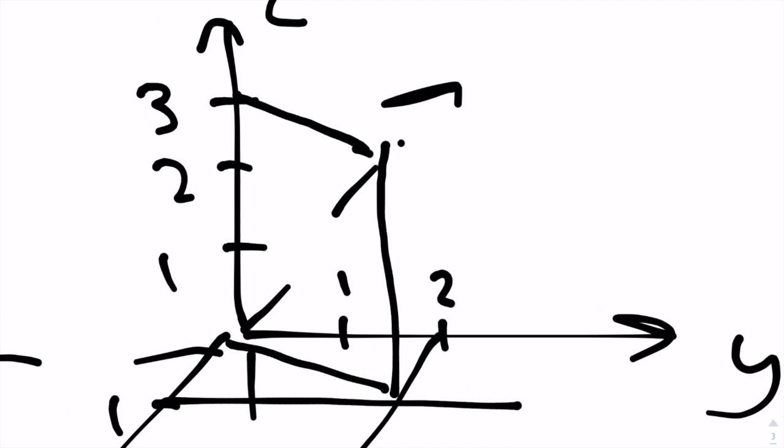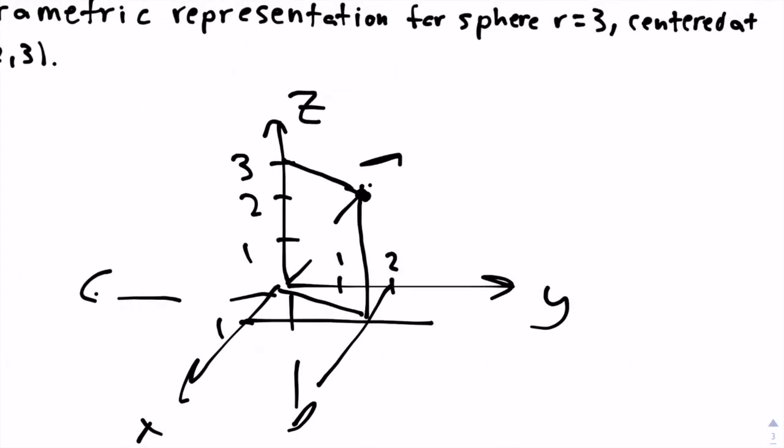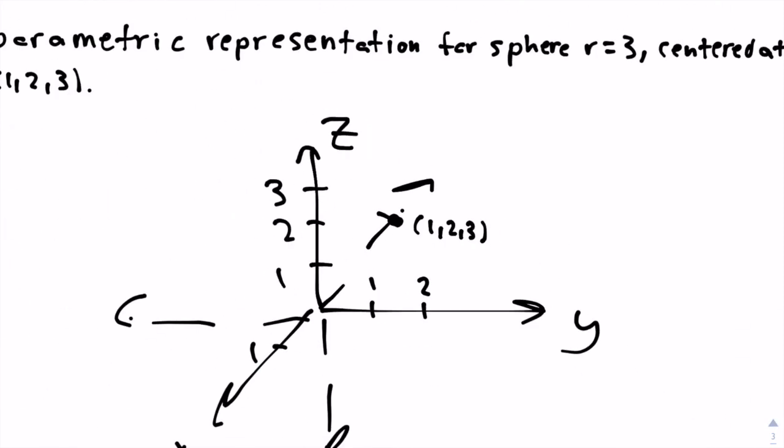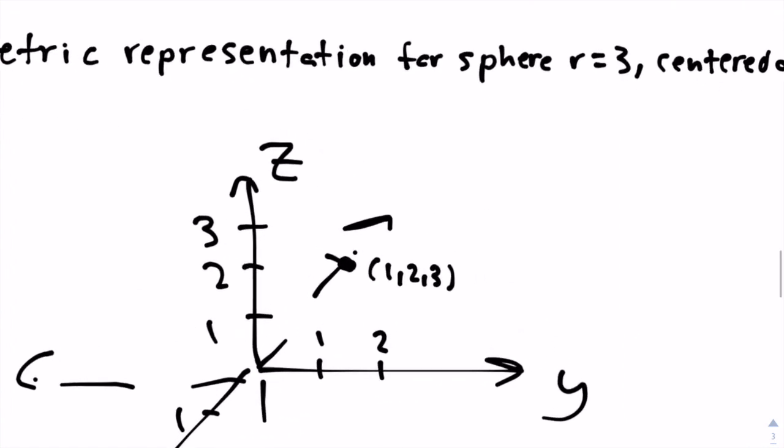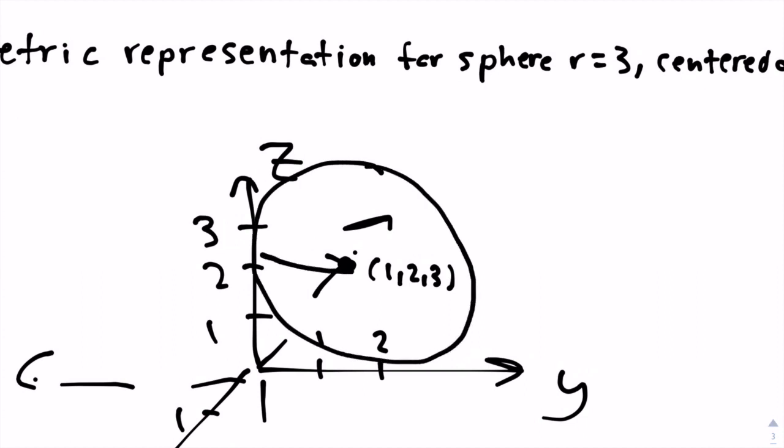So our point is going to be right there. And just to make everything a bit clearer, I'm going to erase all these lines that we used to find this point. And here we have our point 1, 2, 3. And we know that our surface is a sphere with radius 3. So let's draw a sphere with radius 3 around it, roughly like that. And we can say that this has a radius 3.